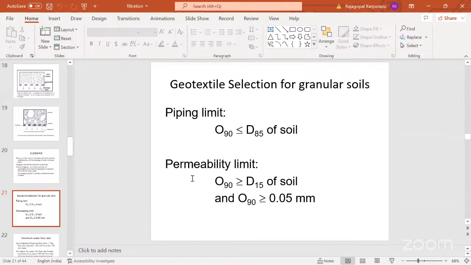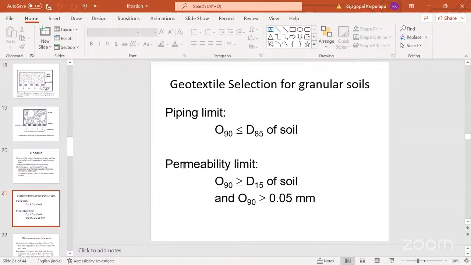In the market, you may have several geotextiles with different O90 values. You may have woven or non-woven geotextiles, and within the non-woven, you may have needle punched, heat bonded or resin bonded geotextiles.